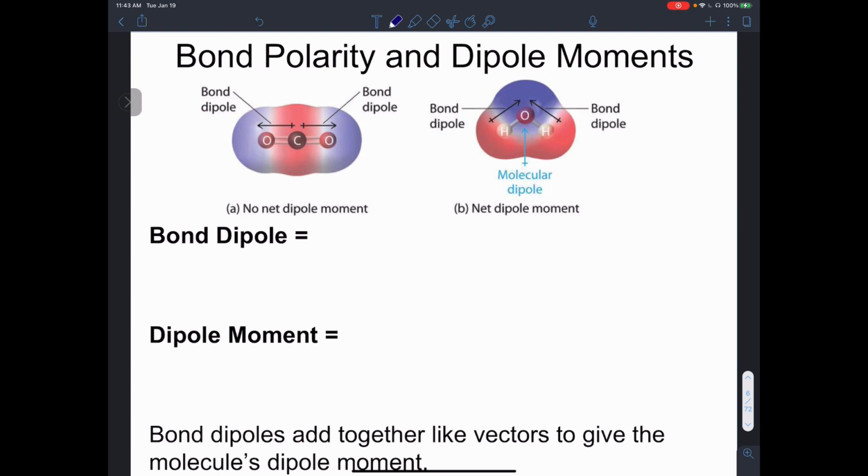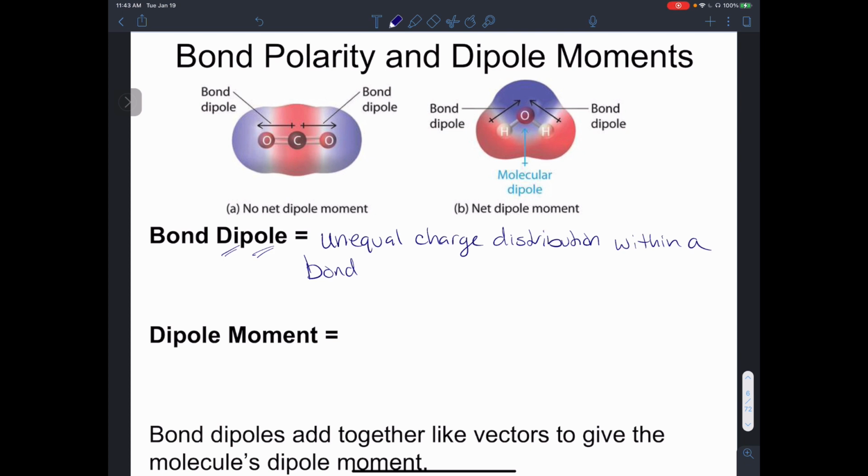And so we're going to talk a little bit more about bond polarity and then something called dipole moments that happens in a molecule. So a bond dipole refers to unequal charge distribution within a bond. The word di refers to two, and poles refers to opposites.